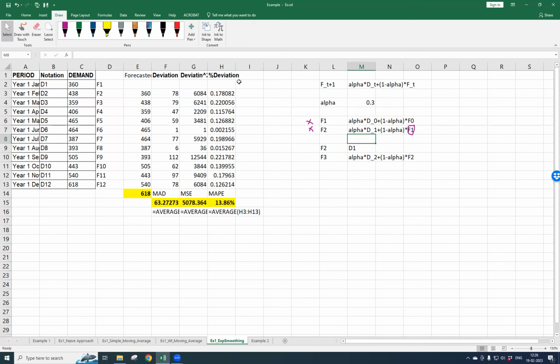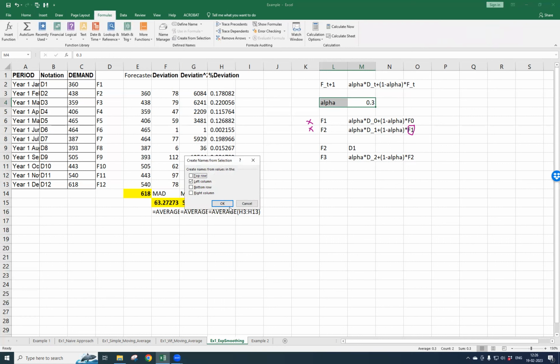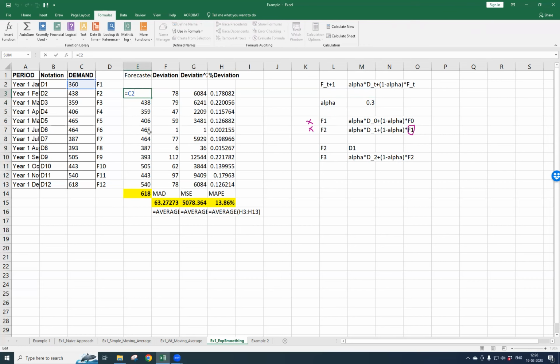And this is what I've done in the class as well: I'll store alpha in a particular cell, so that whenever I use it, the formula appears like that. To start with, the first value of the forecasted demand is going to be the previous demand, F2 equal to D1.